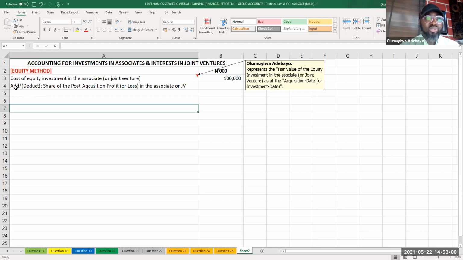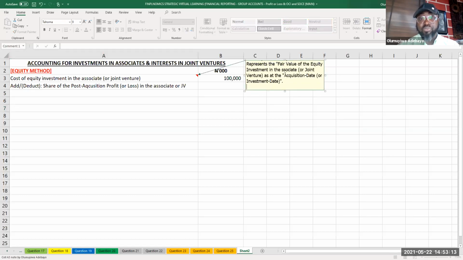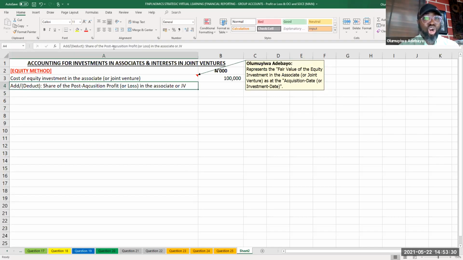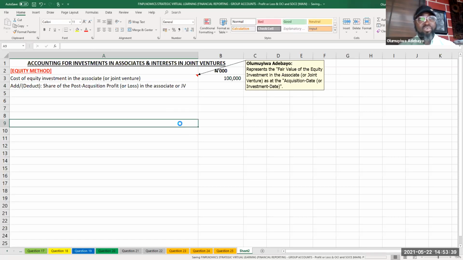And what is next for us to do is, in addition to the cost of investment, which I said represents the fair value of the equity investment in the associates or joint venture as at the acquisition date, what is next is for us to add our share of the post-acquisition profits in the associates or deduct our share of post-acquisition loss in the associates.